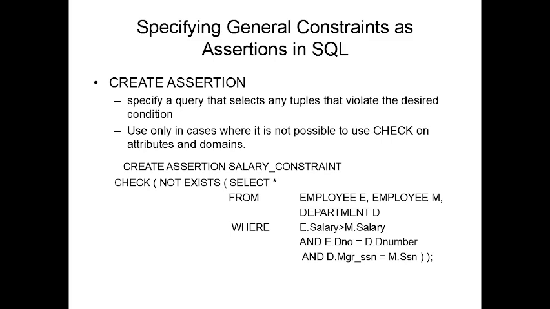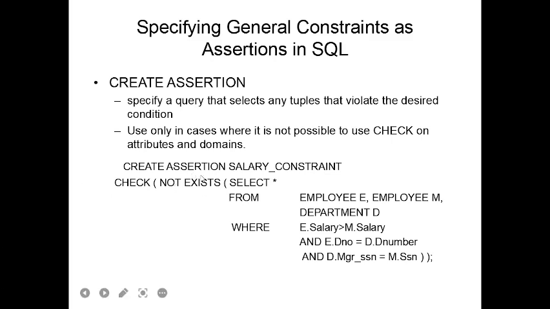So the basic technique for writing such an assertion is to specify a query that selects any tuple that violates the desired condition. By including this query inside this NOT EXISTS clause, the assertion specifies that the result of this query must be empty, so that the condition will always be true.